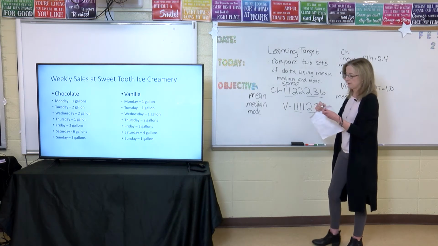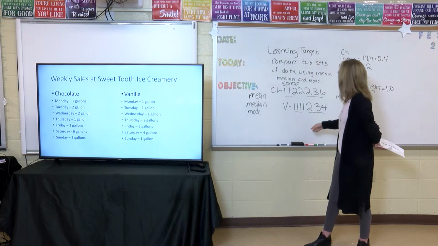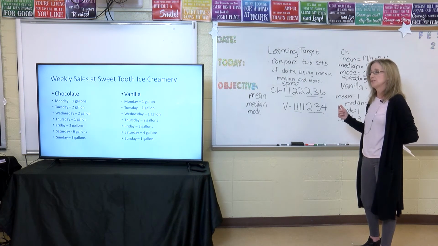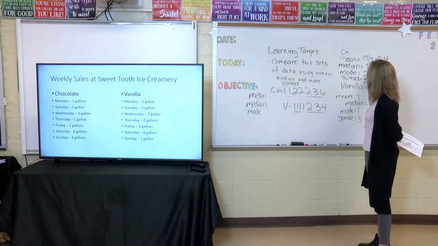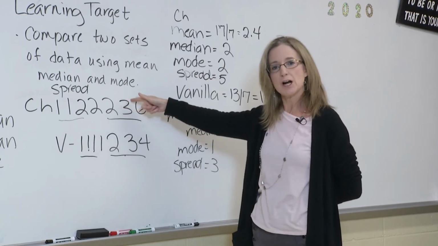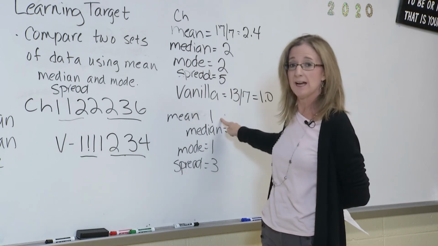Now let's talk about these numbers for a minute. My average, did we sell more chocolate or more vanilla? Well, if I look at the mathematical average, the mean, I sold more chocolate. 2 versus 1 gallon.